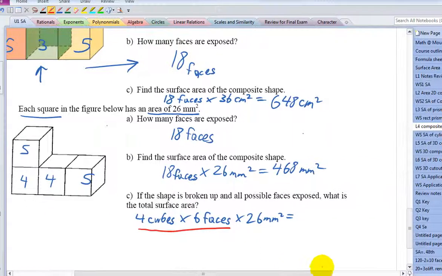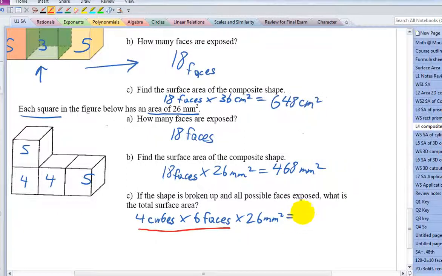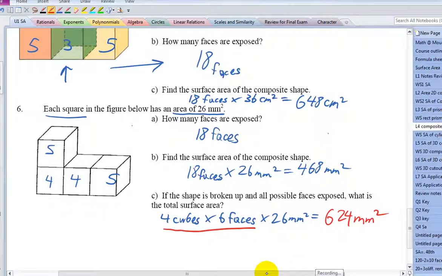Then we can multiply it by the area of each face to figure out our total area. 624 millimeters squared. Okay, so once we break it apart, all those once covered faces are now open to the air. So this is important, especially for biology, when you're talking about surface area, and especially with chemistry as well. When you break into smaller pieces, there's more surface area, means reactions are going to happen faster. Okay. Any questions?